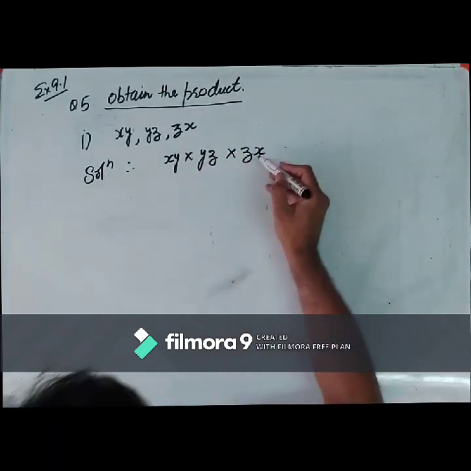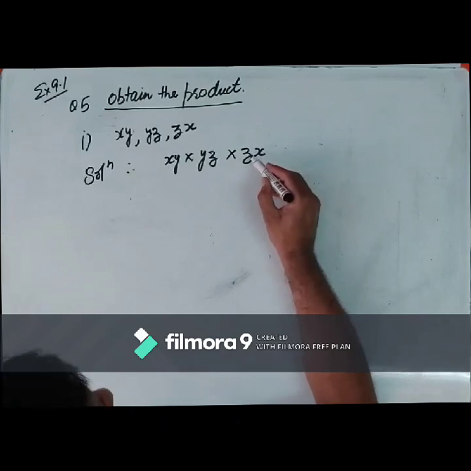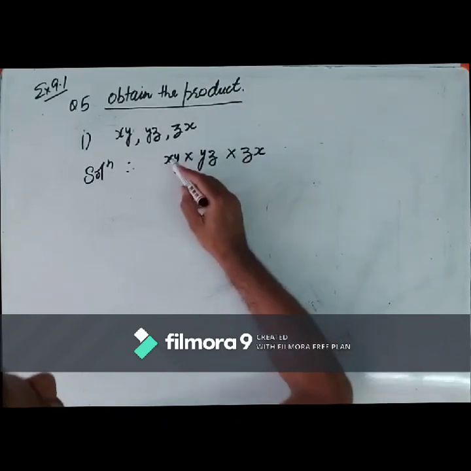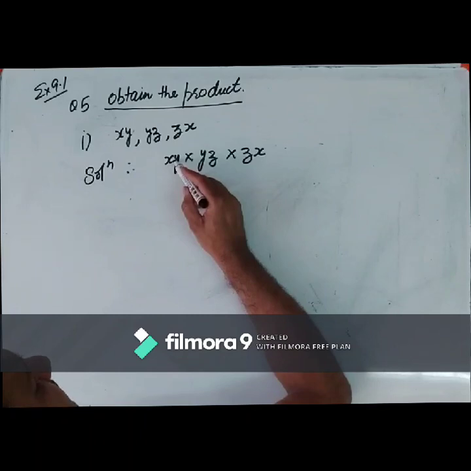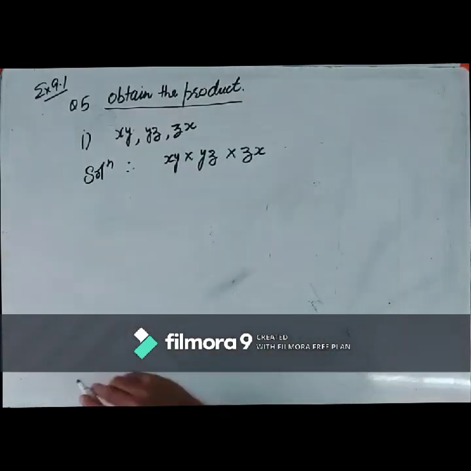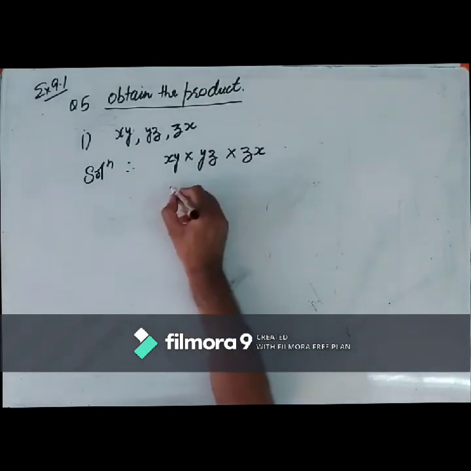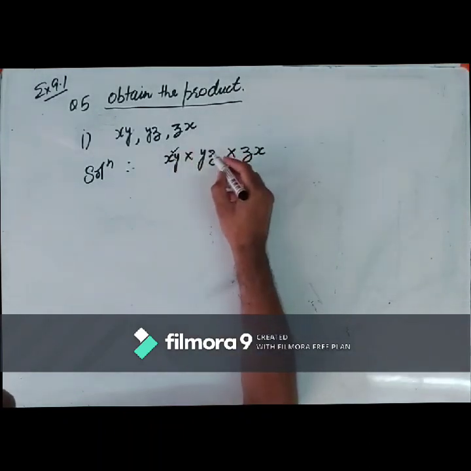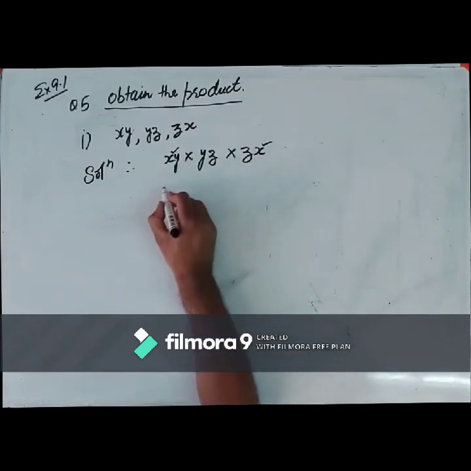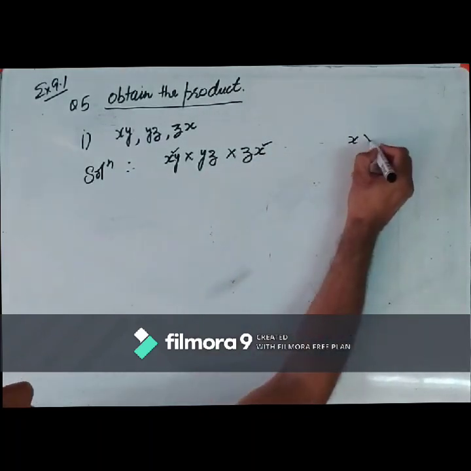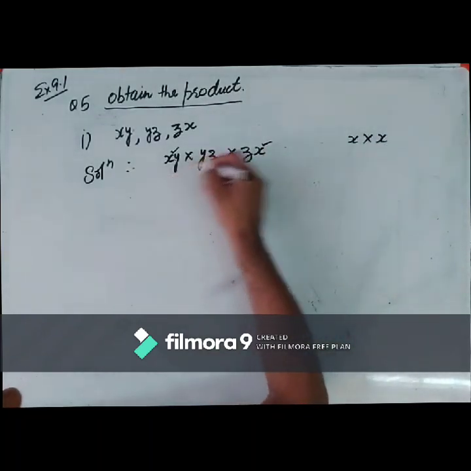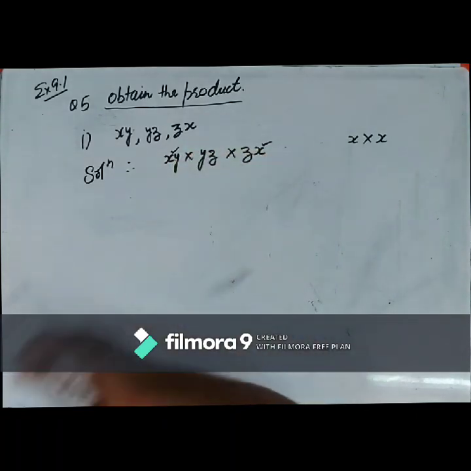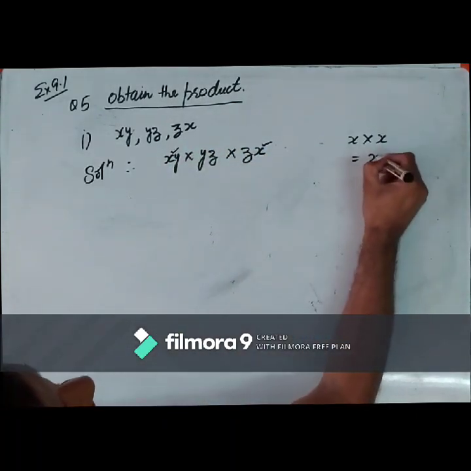Even though we are not writing the product sign between x and y, in between them there is a sign of multiplication present, right? So what we have is x and x multiplied, x into x. By the commutative property x and x can come together, so this is x square, right?